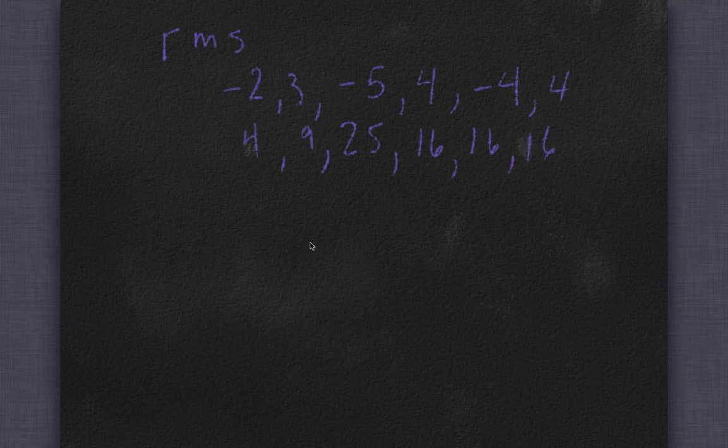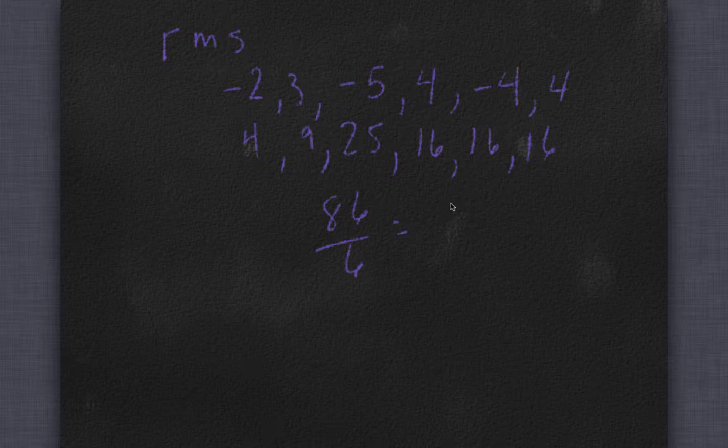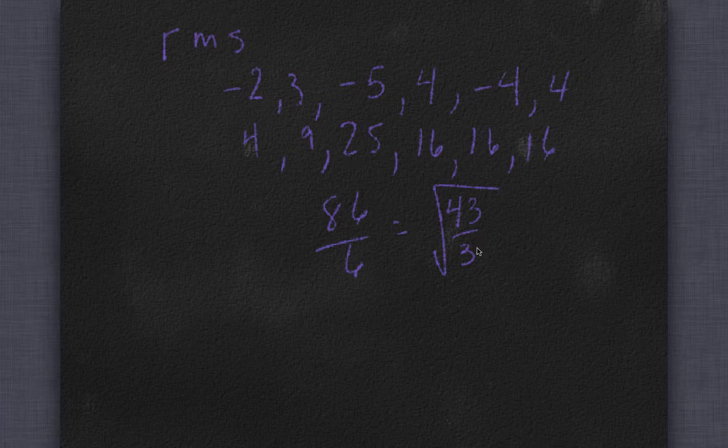So now everything's positive. And then you average this. So you would add these up, 13, 38, 54, 70, 86 over 6. And then you take the square root of that. So you've squared it and you've rooted it, and it doesn't turn out like if you just took the absolute values and averaged them, it's a bit different.